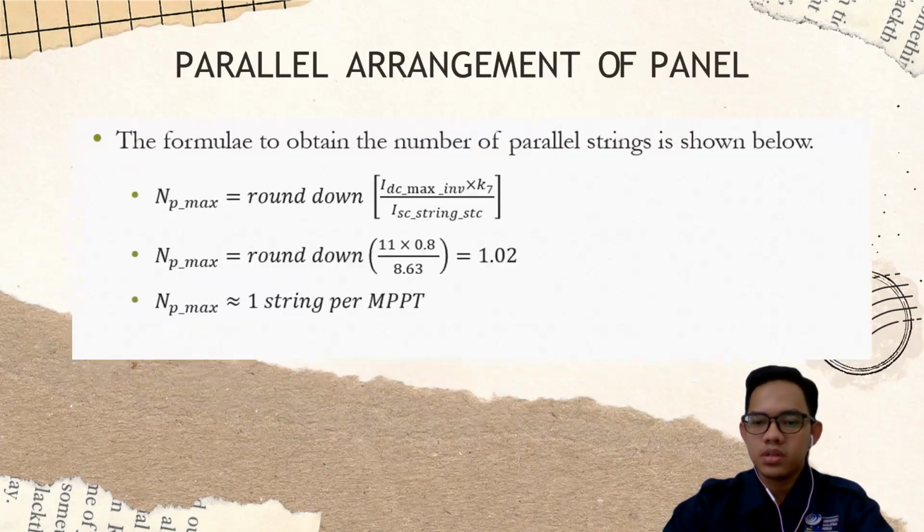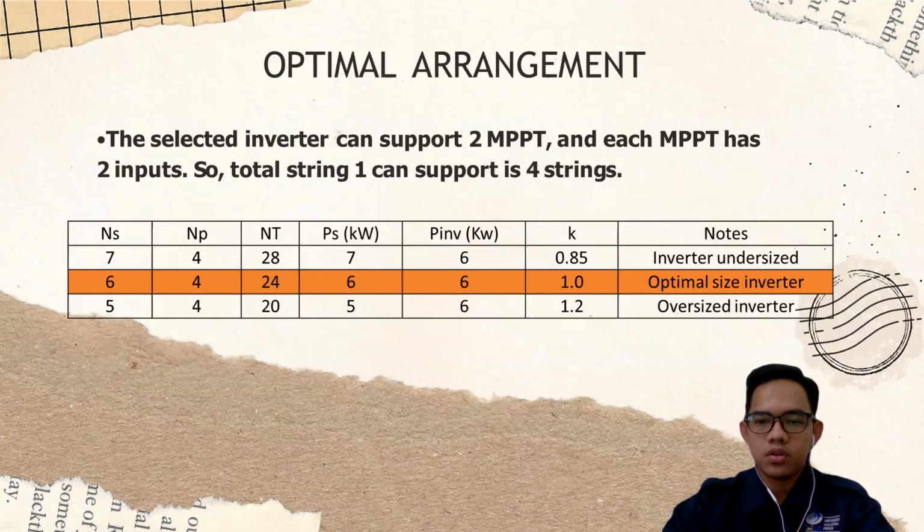For the parallel arrangement of panels, we get around 1 string per MPPT. Next, for the optimal arrangement, the selected inverter can support 2 MPPT, and each MPPT has 2 inputs, so the total strings it can support is 4 strings.